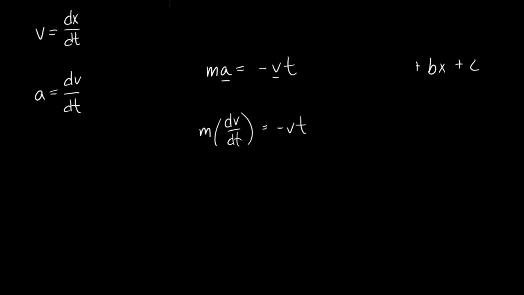We deal with differentials in the same way. Now, if you don't understand where I'm going with that portion, consider this. I have velocity in terms of the differential of position. It's quite plausible that I could rewrite this as d/dt of dx/dt.